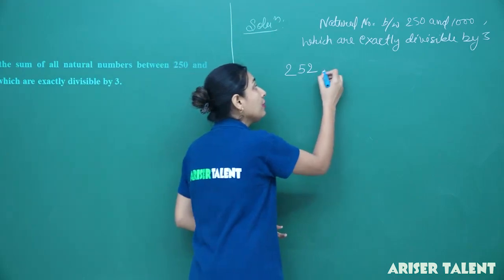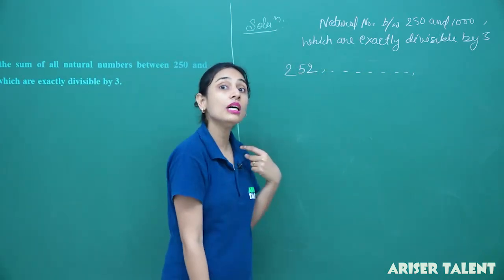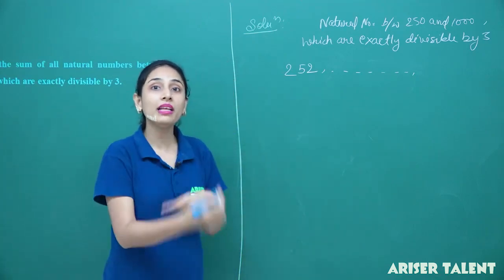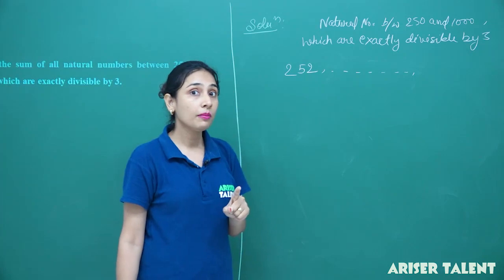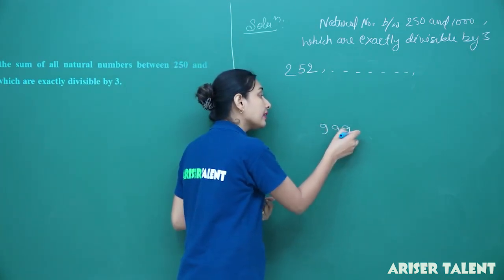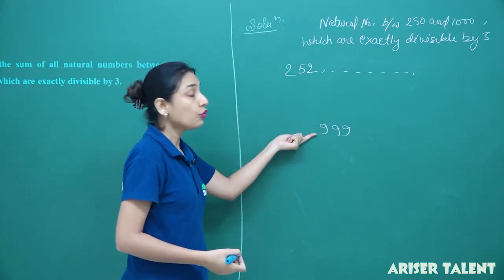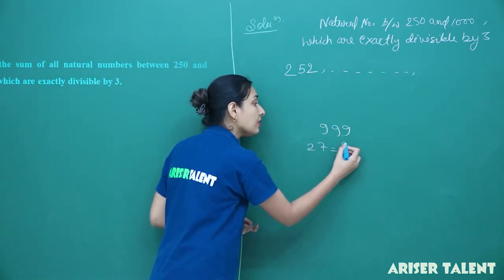Now we will be having some terms here. We will jump directly to the last one. So what will be the last number? 1000. Is 1000 divisible by 3? No, it's not. Then the second last number is 999. Now 9 plus 9 plus 9 is 27, and 2 plus 7 is 9.